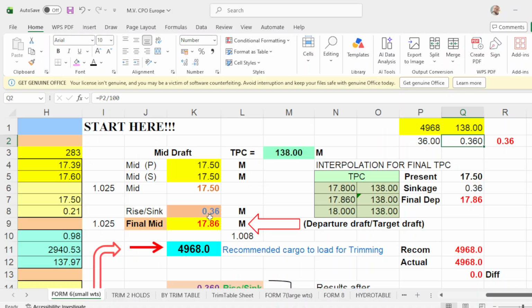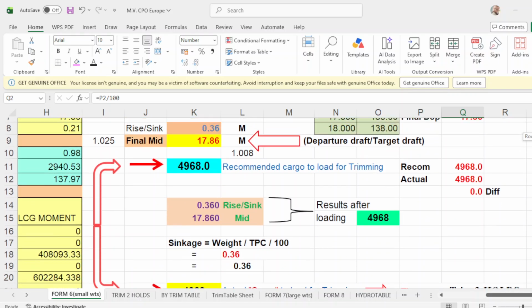This one, how do you get this one? 1786 minus 1750 is 0.36, okay? And there's another way of getting your sinkage: weight over TPC over 100 is your sinkage.